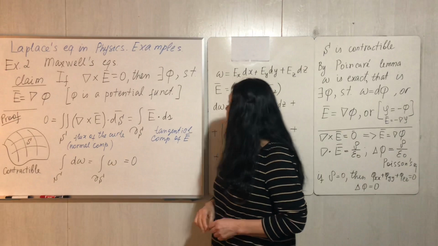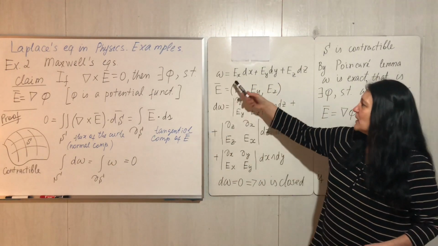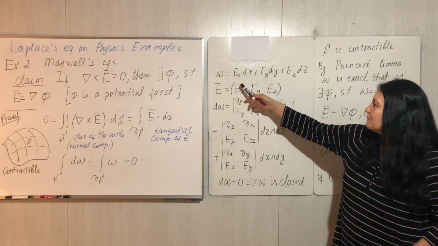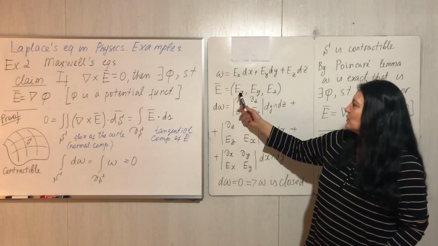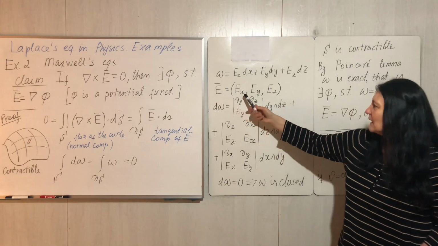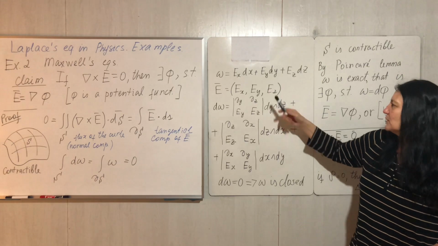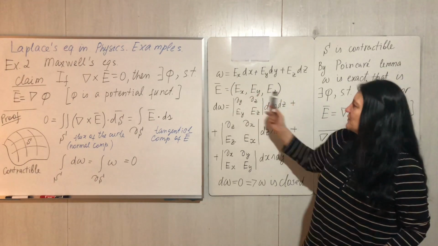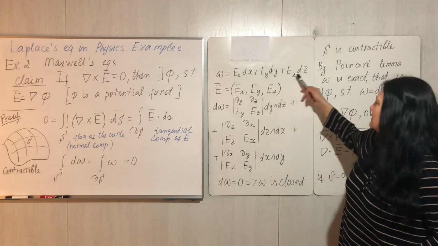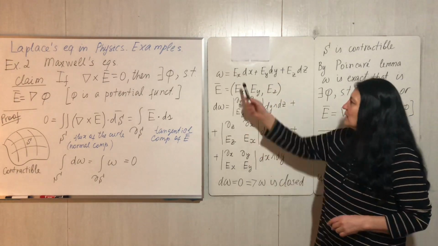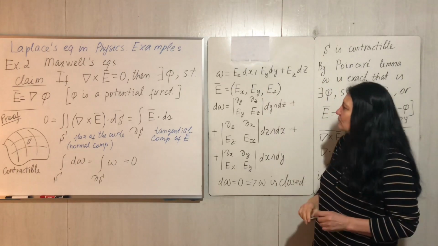And what is omega now? Omega in our situation is, if we use the following notation: the first component of vector E is Ex, the second Ey, and the third Ez, right? If this is our vector E, then omega is this differential form, Ex dx plus Ey dy plus Ez dz.